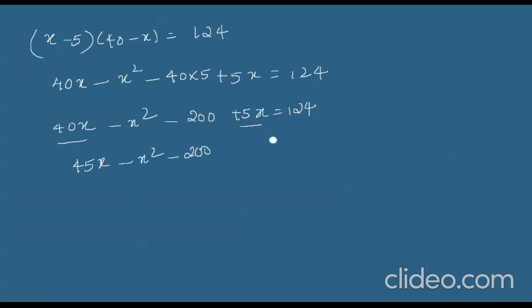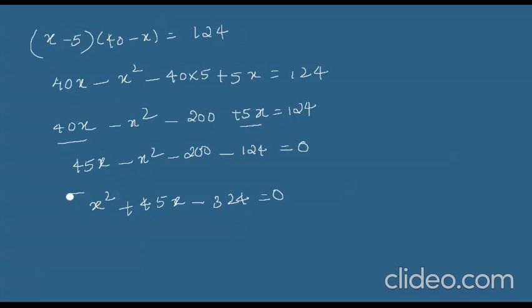This is positive 124. When you are bringing it to the other side, 124 will become negative. Is equal to 0. So let me write like this, x square first, that is negative x square with the sign, always remember. Then the next term, plus 45x, then negative 200 and negative 124. Just put the same sign and add: 324 is equal to 0.